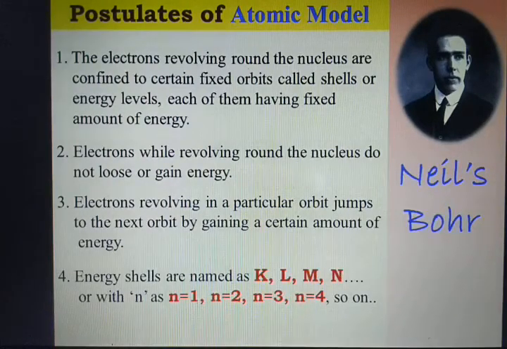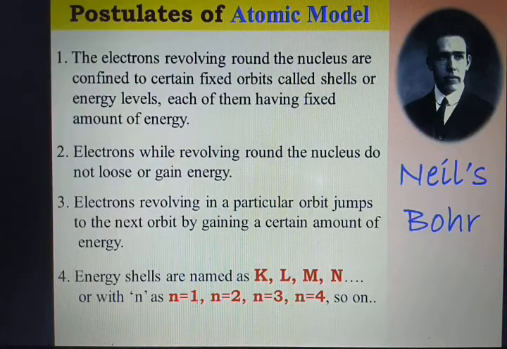The fourth is energy shells. Rutherford didn't mention any names for those energy levels or orbits, but Niels Bohr said these energy levels will be named K, L, M, N, and so on. Or we can also assign integer numbering, denoted as n, where n starts from 1, 2, 3, and so on.